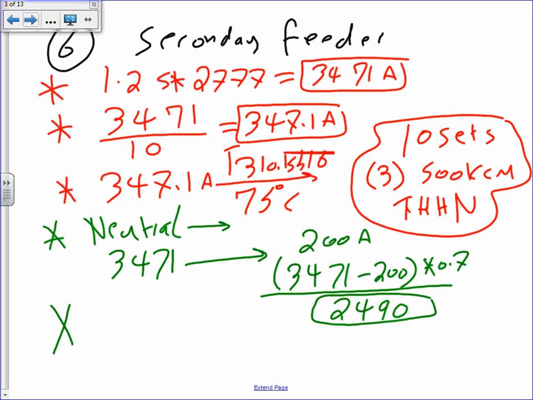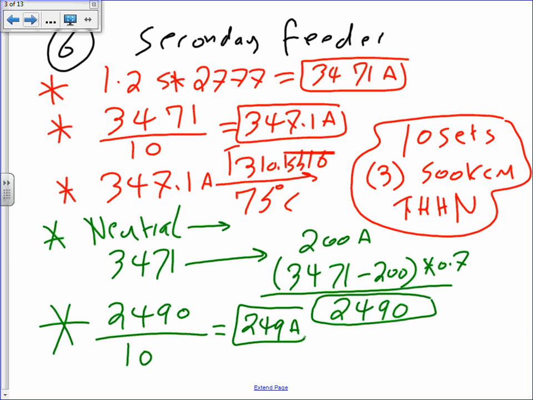Now the second thing, guys, for the neutral is 2490. I have no other option now except to divide by what? 10. No options. You're locked. So I have 249 amps, right? And then you take the 249 amps to table 310.15(B)(16), 75-degree column.